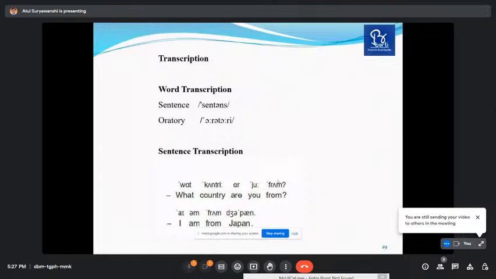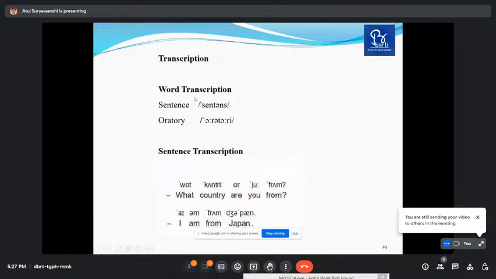There are two types of transcription. The first is word transcription. The other is sentence transcription. Let us see the sentence.